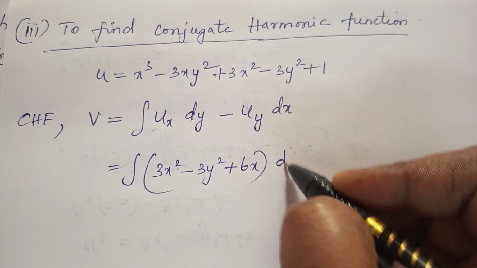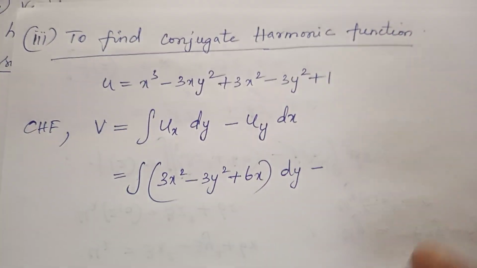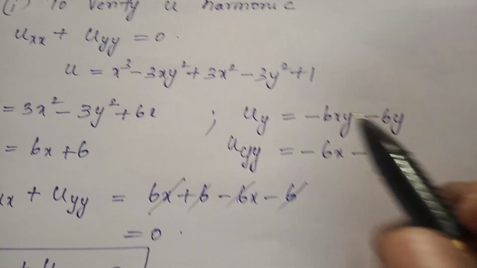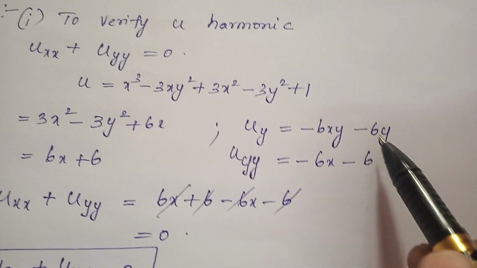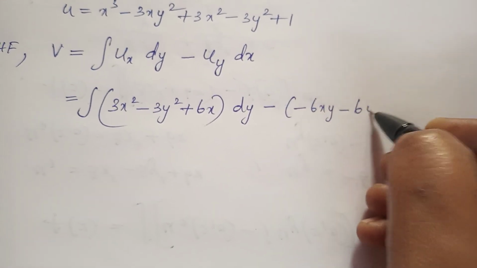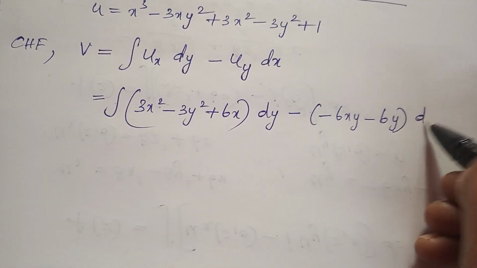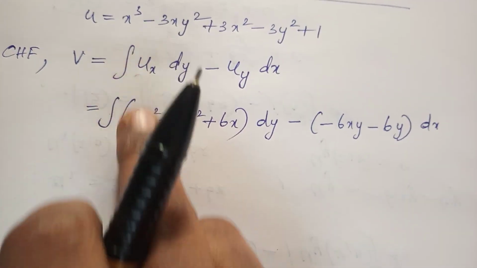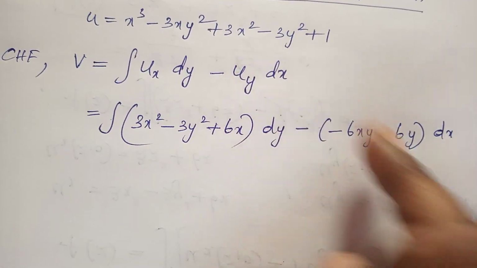You can write it here: 3x square minus 3y square plus 6x into dy, minus u_y. u_y we also found already for this problem. It's minus 6xy minus 6y. You can write it here, into dx. See, this is the formula. I have just substituted u_x and u_y like this.